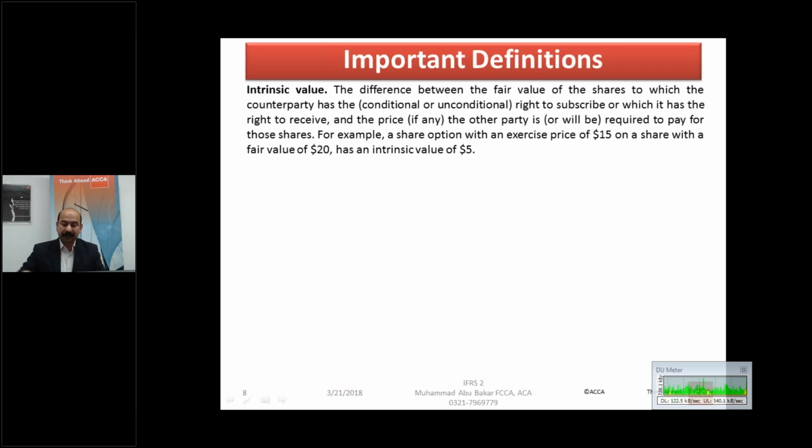Then is the definition of intrinsic value. Intrinsic value is very simple. It is the difference between the fair value of that share option, or in simple words the market value of that share option, and the exercise price of that option.